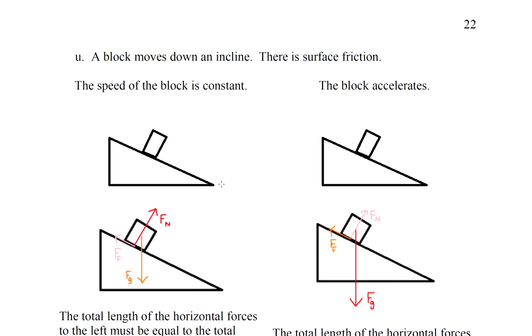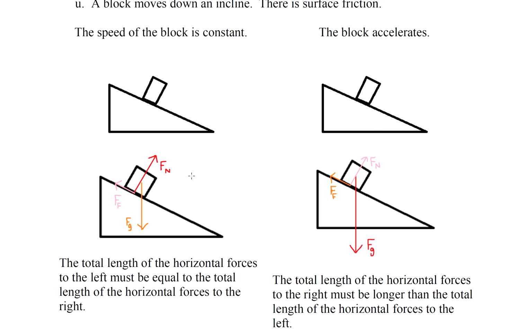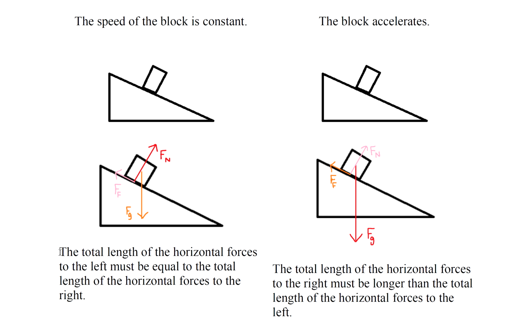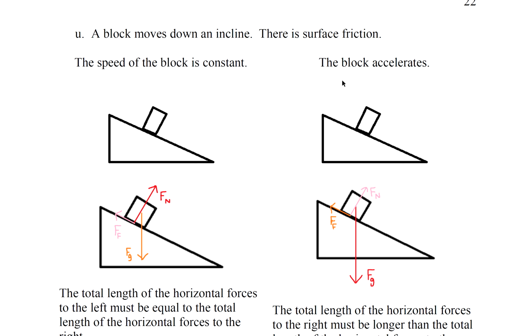Part U, a block moves down an incline. There is surface friction. So it's moving down an incline. If the speed of the block is constant, the total length of the forces to the left must equal the total length of the forces to the right. Now, on the right side, it says a block accelerates.